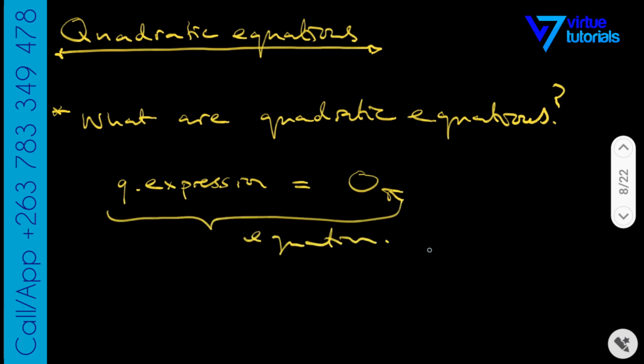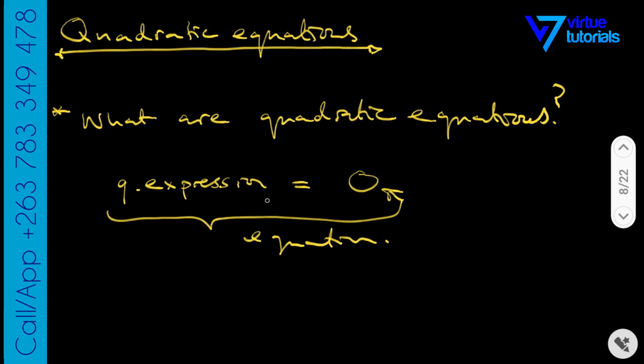An equation is a statement that says something is equal to something else. So when you have an equal sign involved, it's now an equation. And when you have an equation, you must solve the equation.